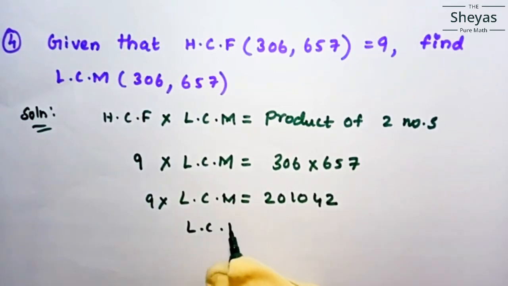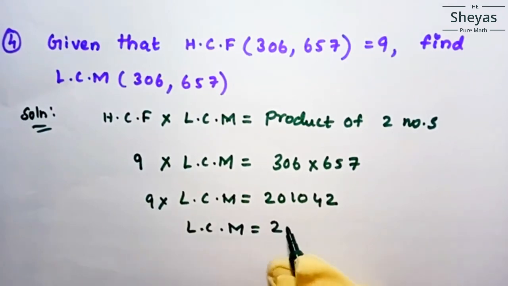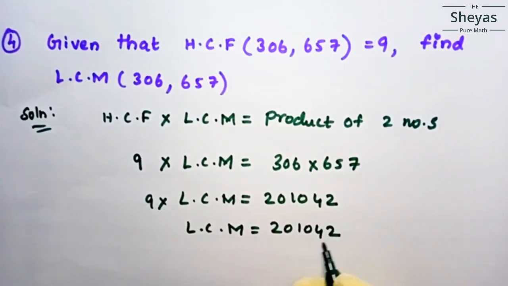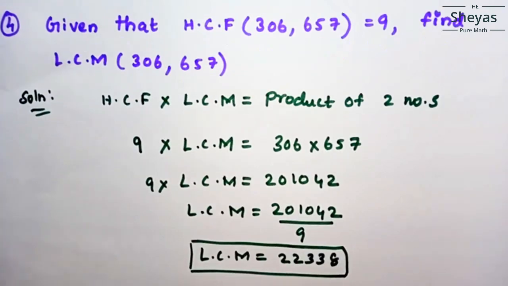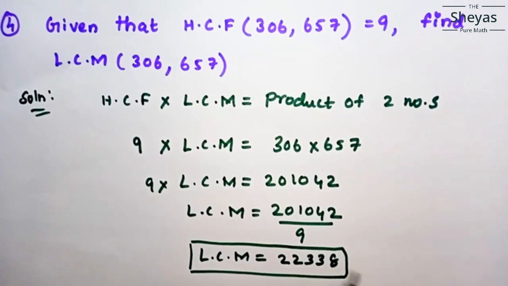Then LCM is equal to 201042 by 9. Therefore LCM is equal to 22338. So this is the answer. You can apply this property and find it.